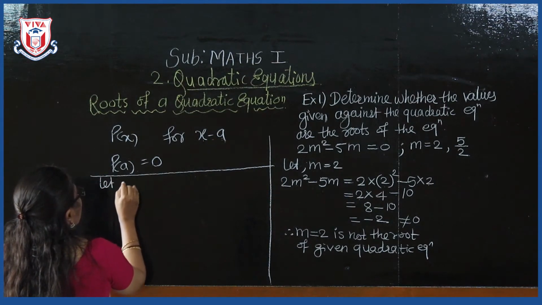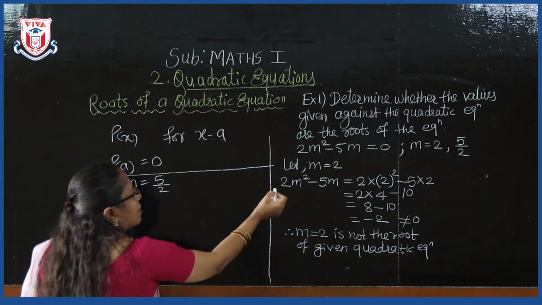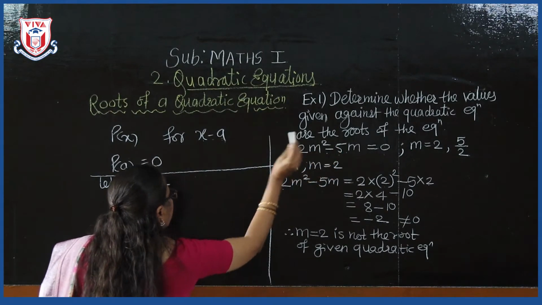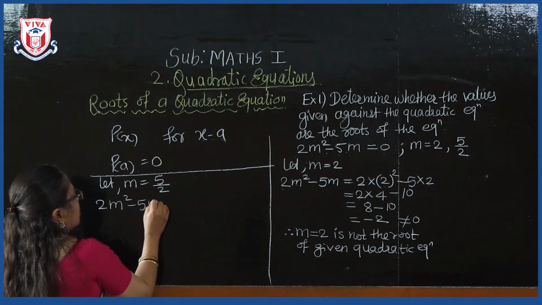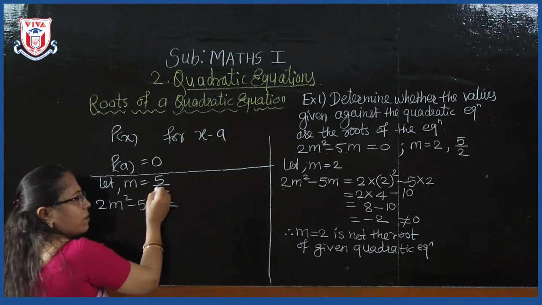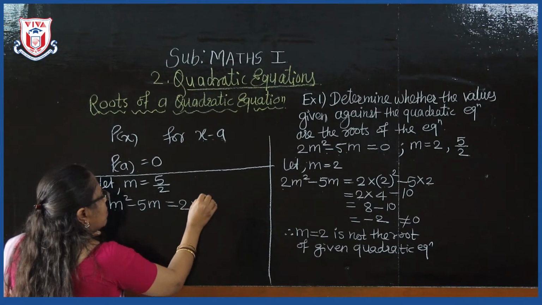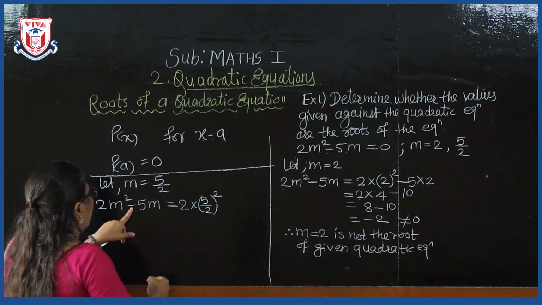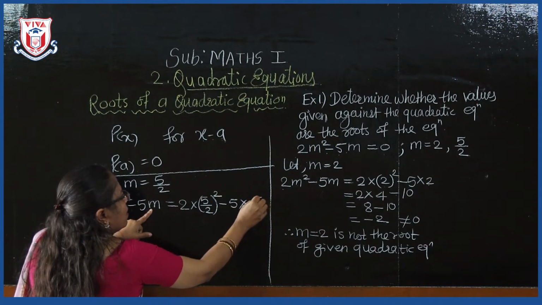Let m equal to 5 upon 2. Our polynomial is 2m square minus 5m. Substitute m equal to 5 upon 2. So 2 into (5 upon 2) whole square minus 5 into 5 upon 2.